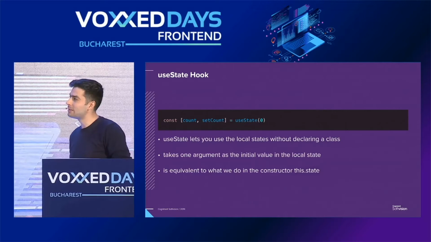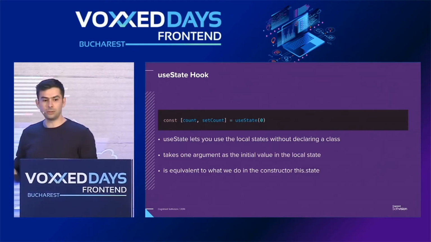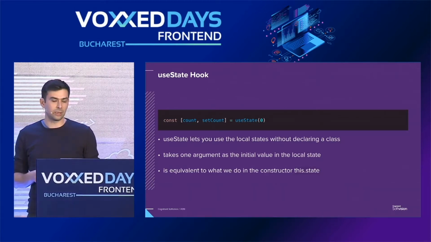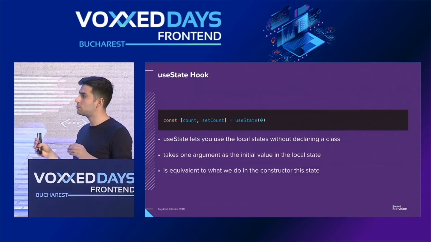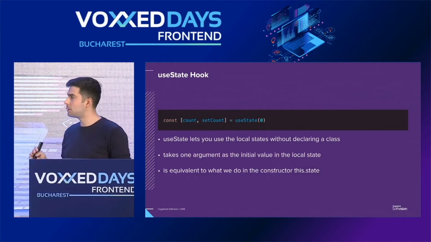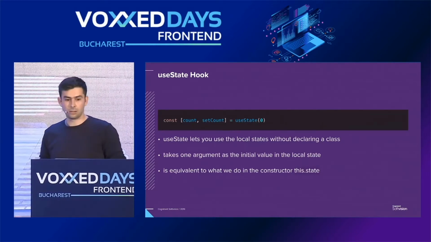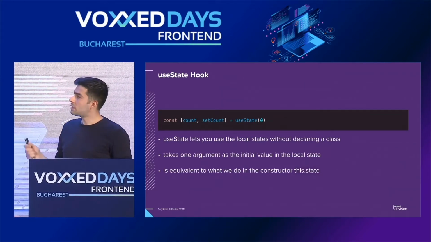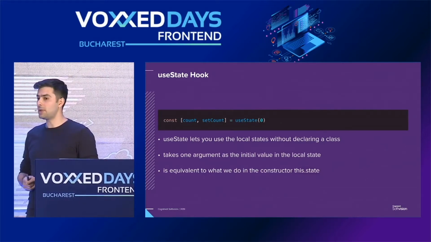That's the magic. useState lets you use local state without actually declaring a class. You have to use this in a functional component, and it has to be at the top level. So we cannot use a hook inside a conditional or an if or something like that. In this case, the useState hook takes 1 argument and returns an array.